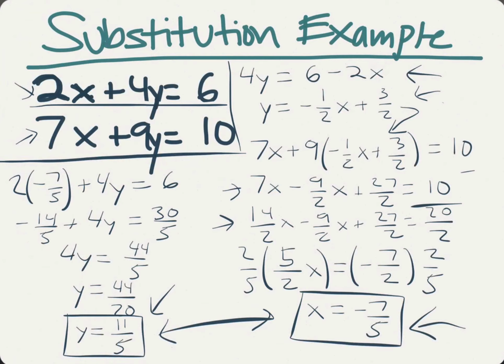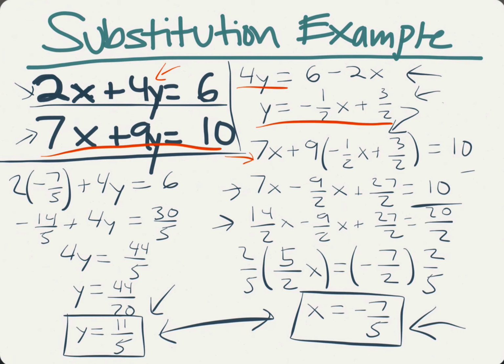So here's how I started up here. I am using this equation right here, and I'm solving for y. So I moved the 2x over to the other side, divided everything by 4 to get this equation. And then I plugged the y equation into this equation down here.